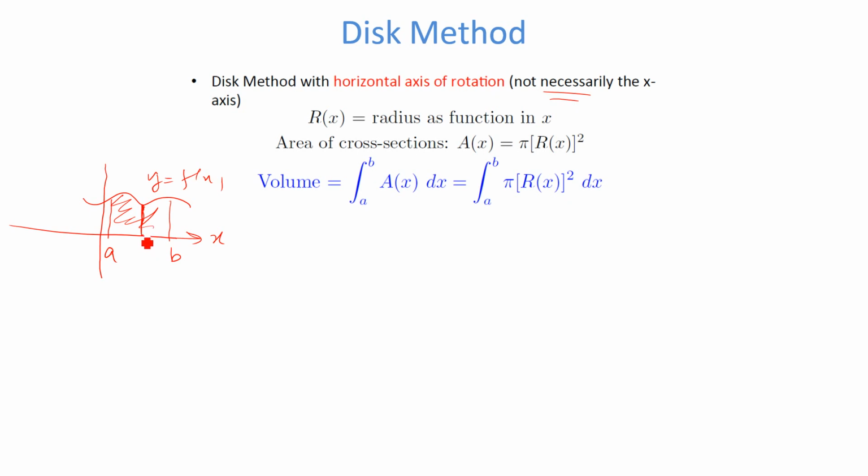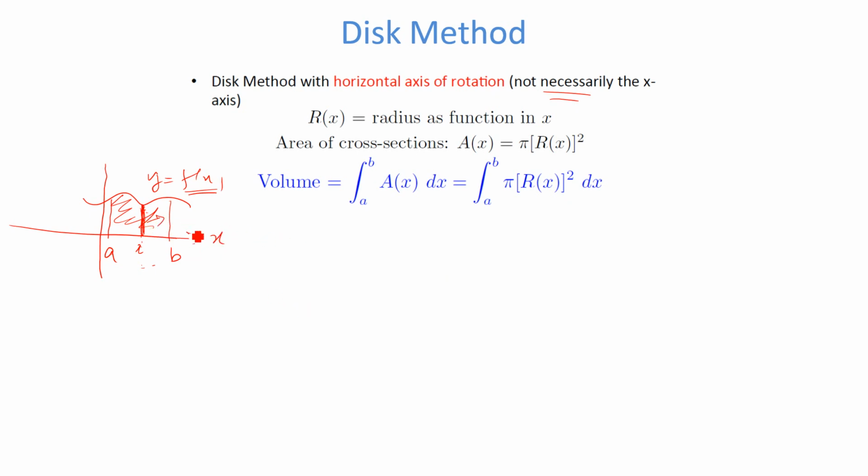When we are rotating a line, we obtain a circle with radius equal to the length of this line. So what is the length of this line? The length of this line is the value of the function at this point. So if this is x, then f(x) is the length of this line. So the cross section is a circle. What is the area of the circle? This is the radius of the circle.